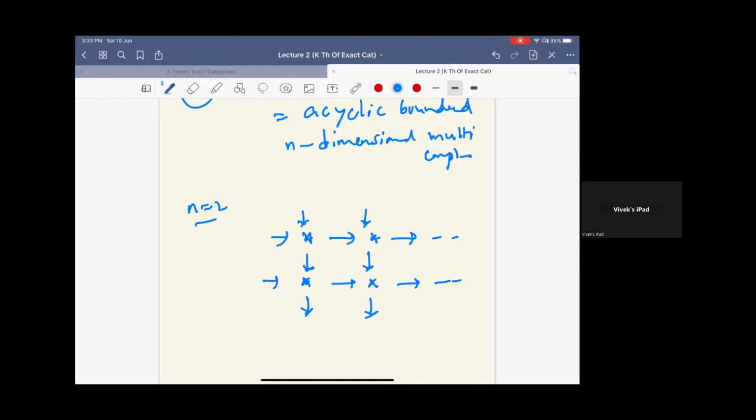For n equals 2 it looks like a square, then you have another chain complex and another map here. In n equals 3, C^3(N) looks like a cube, and C^4(N) looks like a tetrahedron, and so on. So it's a huge diagram, but at least you understand the framework. So given an exact category, you can always consider the n-dimensional multi-complex. So that is about chain complexes, and they are still exact categories.